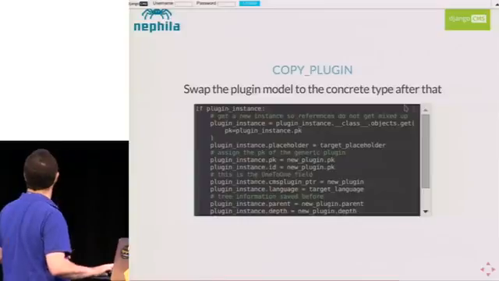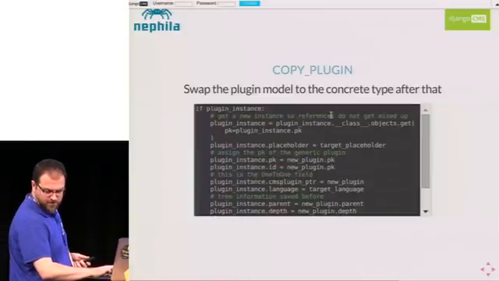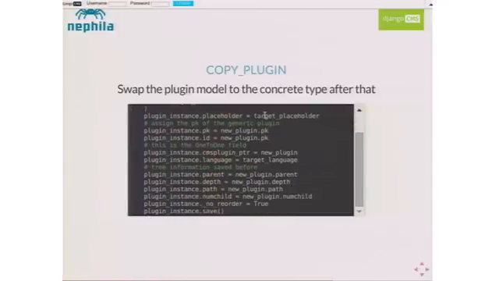Then we can just scroll a bit down here. We can just copy the tree attributes we created on this plugin, and then when we save the previous source plugin, now the target plugin, we end up having the same tree information of the generic plugin before, and all the data copied automatically by the Django ORM.